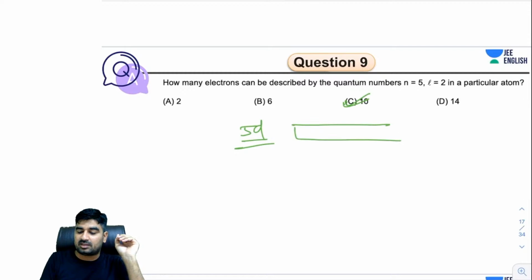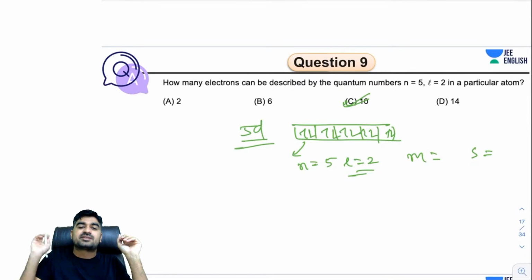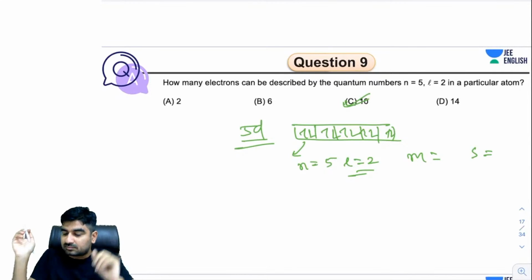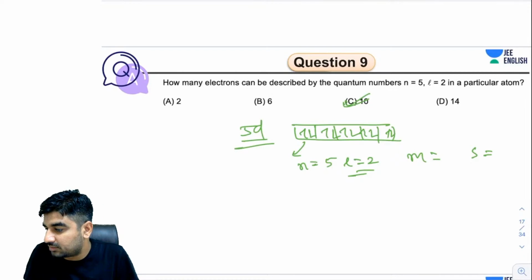And the D orbital can accommodate 10 electrons. So if you write the address of these 10 electrons, for all addresses you will write N5 and L2. And then M and S will change. Any doubt?